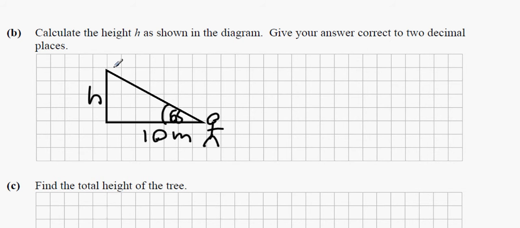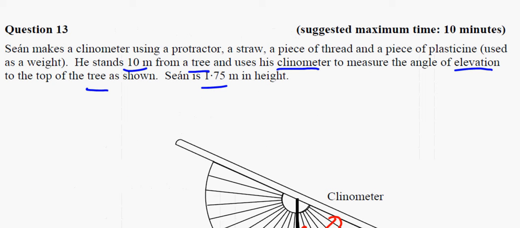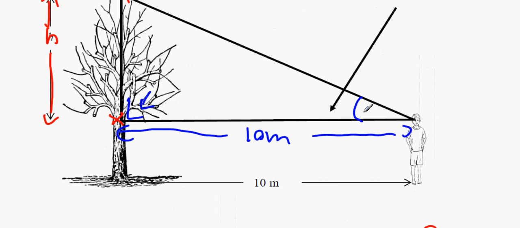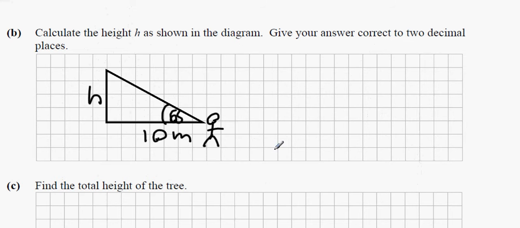So let's just verify that. This here is 65 degrees. H is the bottom, and we're looking to find the height. Okay, so what we're going to do here is basically we're going to do SOHCAHTOA again, and we're going to figure out which one we need.